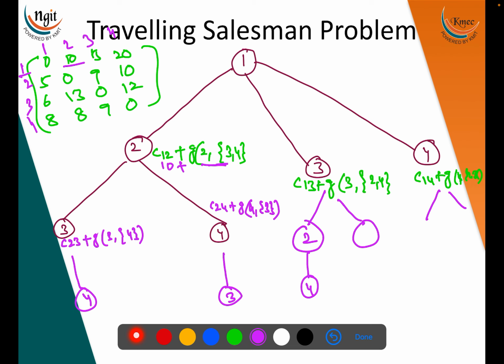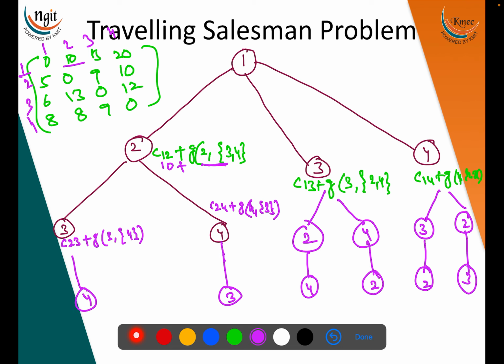And the next is 1, 3, 2, 4, 1, 3, 4, 2 and 1, 4, 3, 2, 1, 4, 2, 3. This is the recursive tree.